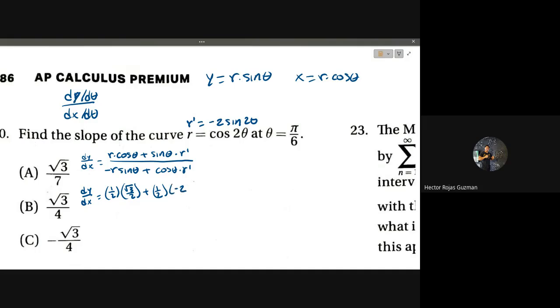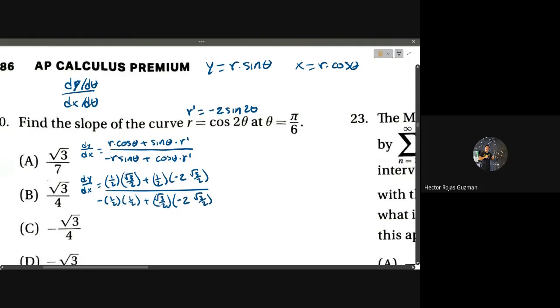Let's just plug in pi over 6 into sine of 2 theta. That should be square root of 3 over 2. Okay, we already plugged in pi over 6 into r. We did it here, so the same thing's going to happen here. That's going to be negative 1/2. I plug it into sine, I get 1/2. Plug it into cosine, we get square root of 3 over 2. And if I plug it into r prime, we already did it, so it's going to be the same.